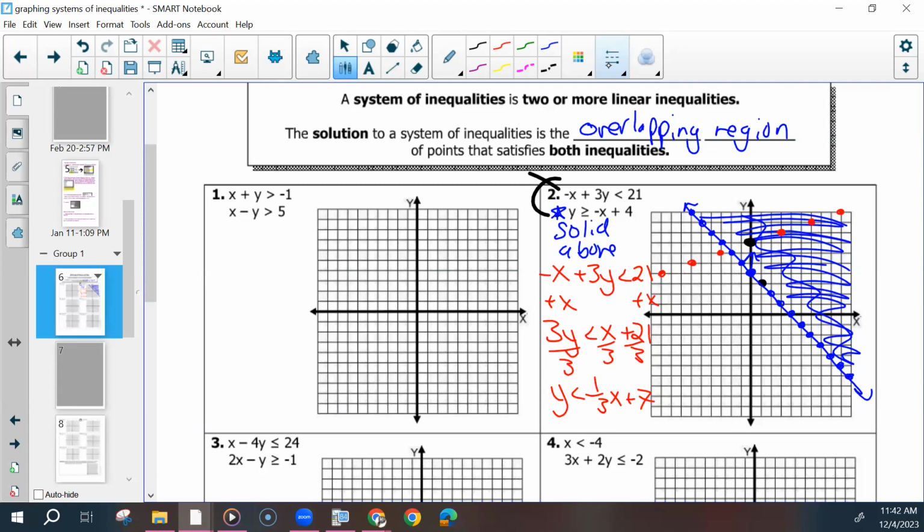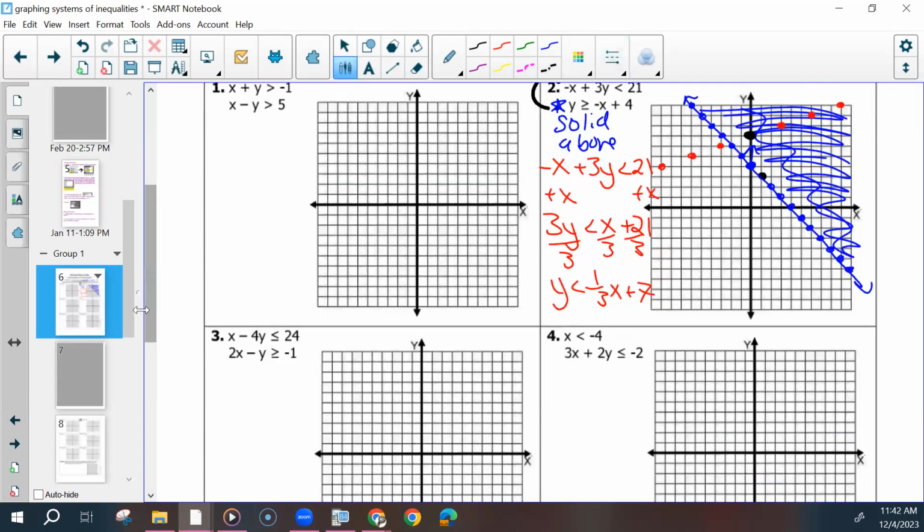Would this line be dashed or solid? Little dashes in between. With this line, it is less than, so would it be shaded above or below? Yes, below. So below the y-intercept would be everything here.